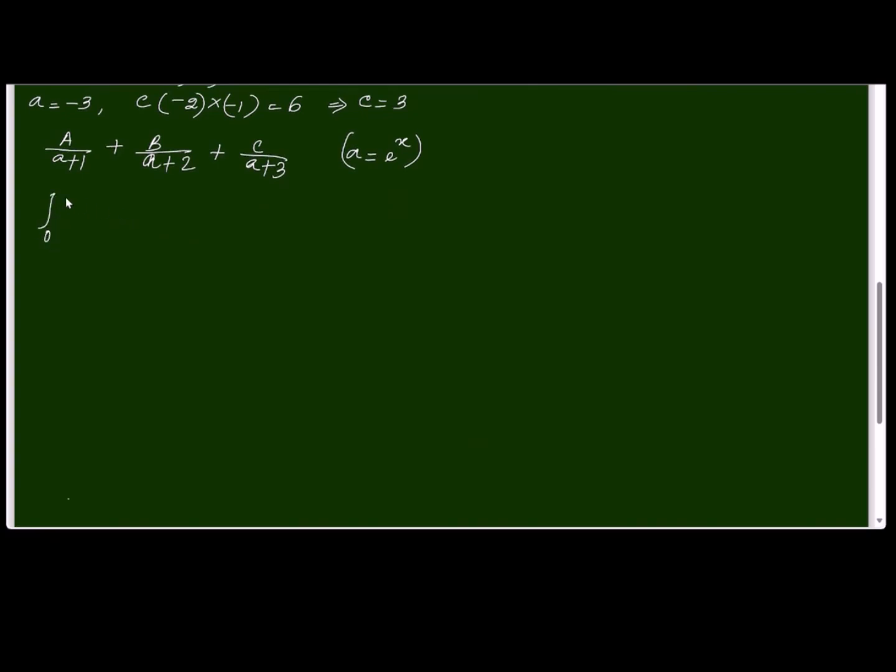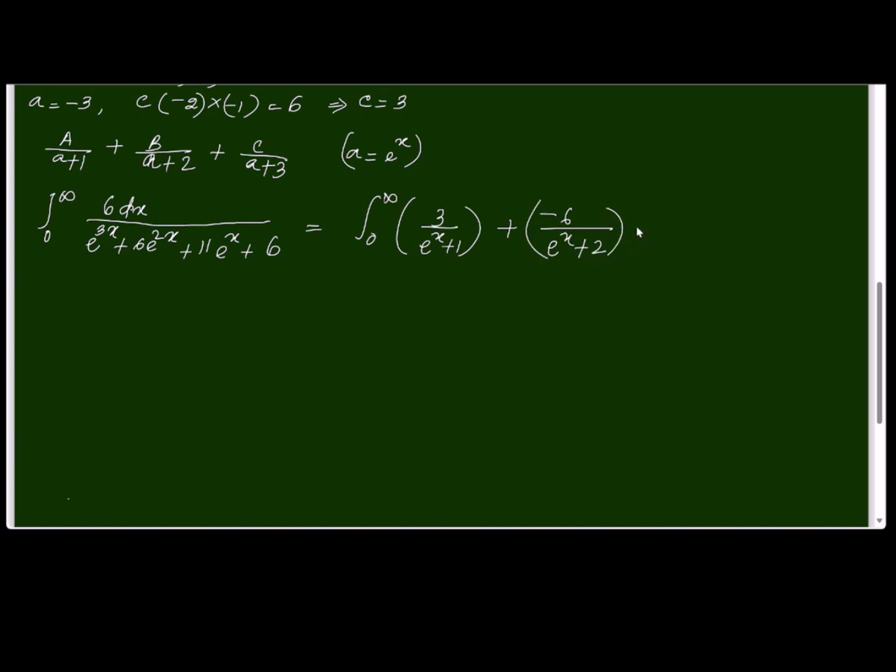So writing the original question, integral from 0 to infinity of 6 dx over e to the power 3x plus 6 e to the power 2x plus 11 e to the power x plus 6 equals, now from 0 to infinity, 3 over e to the power x plus 1, second is negative 6 over e to the power x plus 2, and third is 3 over e to the power x plus 3, dx.